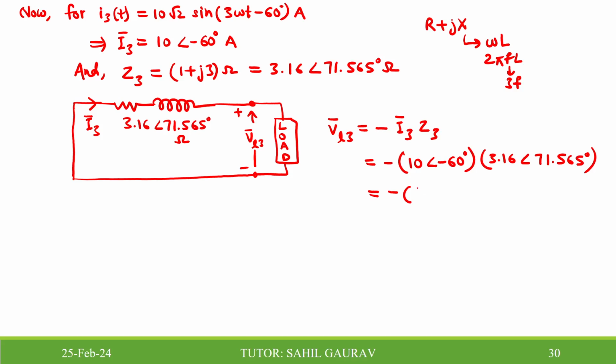So you will get 30.98 plus j 6.34 volt, and in phasor form minus 31.623 at the angle of 11.565 degree volt.